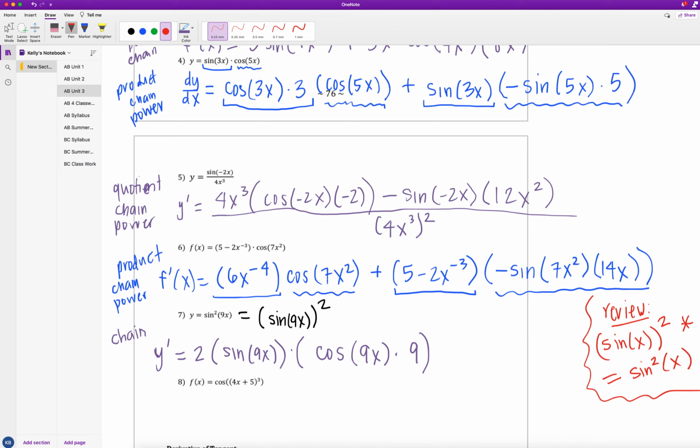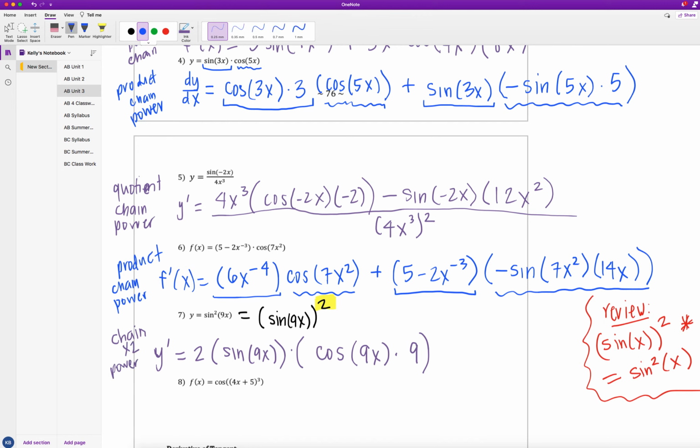But this top version up here is a lot more helpful when I'm taking a derivative, so I can really see that my outermost function is the second power, and that my inner function is that sine of 9x. So we did use that double chain rule there. We also had to use a power rule as well, if I'm keeping track on the side.